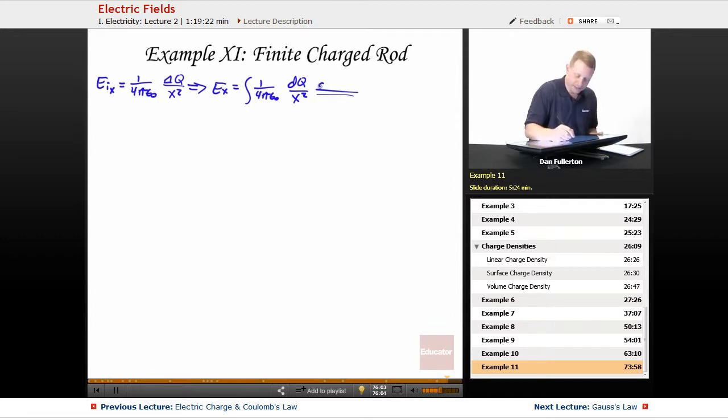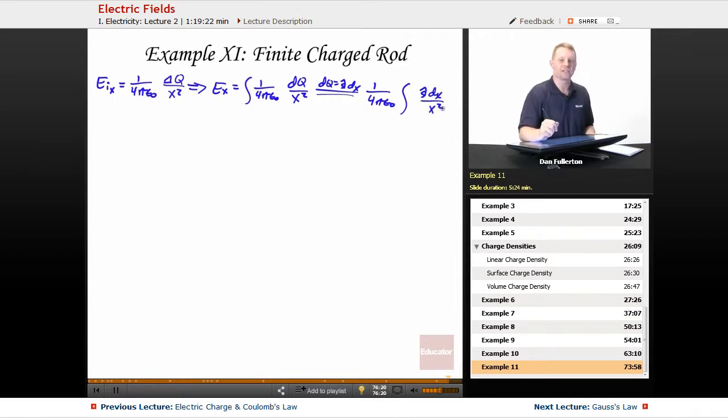which we already said dq is lambda dx. So we could write that as, pulling 1 over 4 pi epsilon naught out of the integral sign, the integral of lambda dx over x squared. Our limits of integration: we're going to integrate from x equals that distance d to x equals d plus L, to get us that total length of our line of charge.